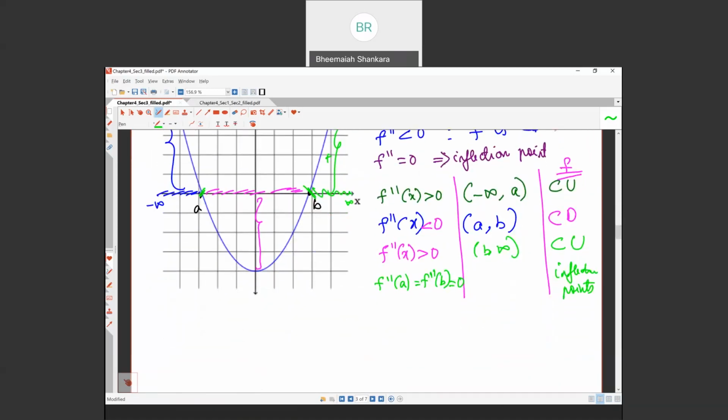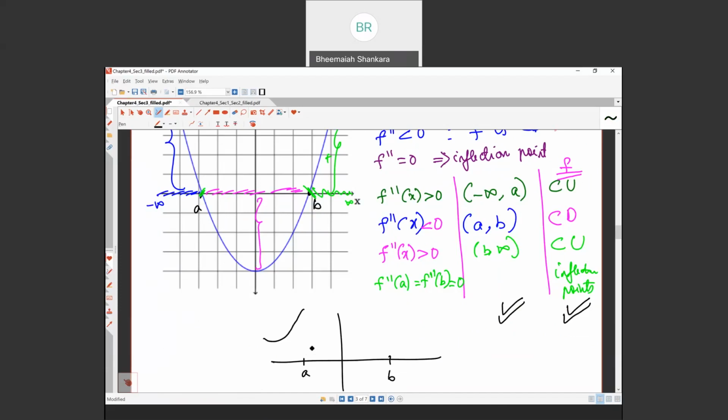If you want to do the graph of the function, what you want is these two columns, the intervals and how the function behaves in those intervals. Negative infinity to a, so mark a, b, the function is concave up. So you want to draw a concave up curve. You can draw only half of a curve.